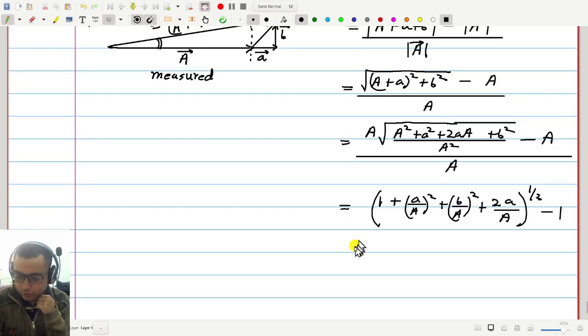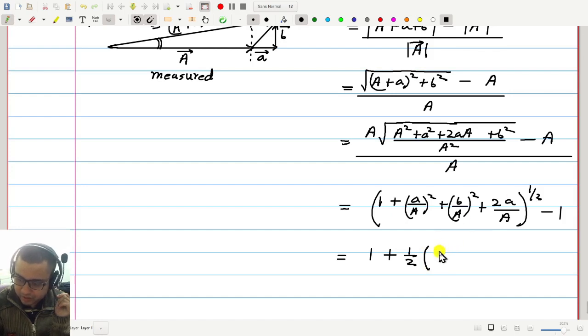Now if we use binomial expansion up to first order term, then we will get 1 plus half into all these terms. I will keep only the first order term, 2a by A, and all the terms which are quadratic I am not writing.